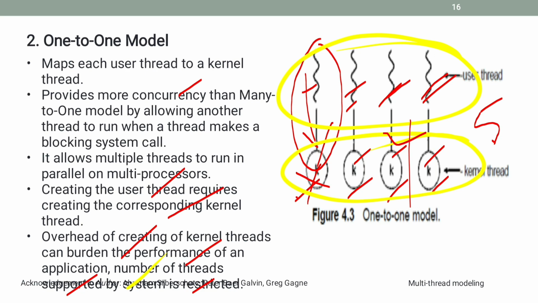Because with 5 threads and only 4 kernels, one thread for each kernel means 5 kernels are required. So such an application process cannot be executed. The number of threads supported by the system is restricted, and this kind of model also burdens performance because creating a user thread also requires creating a kernel thread.